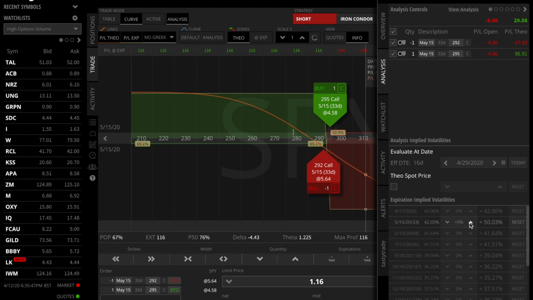We can modify this and see how the curve of the theoretical P&L changes, because that shows how the volatility modifies the option pricing. Meaning that if there was a decrease in the implied volatility, you would make your profit a lot faster.